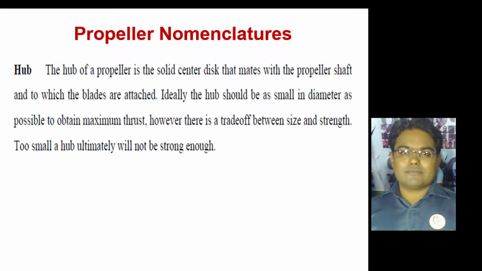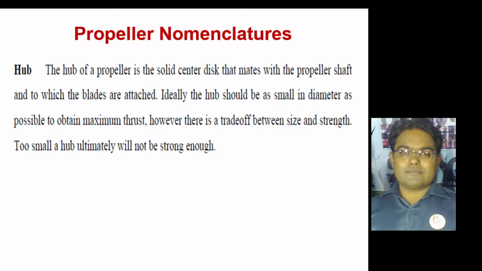The hub of a propeller is a solid center disc to which short blades are attached. Either one pair of blades or two pairs of blades will be attached to the hub. Ideally the hub should be as small in diameter as possible to obtain maximum lift. If the hub diameter is bigger, the larger frontal area will invite larger production of drag, so the overall thrust generated will be less.